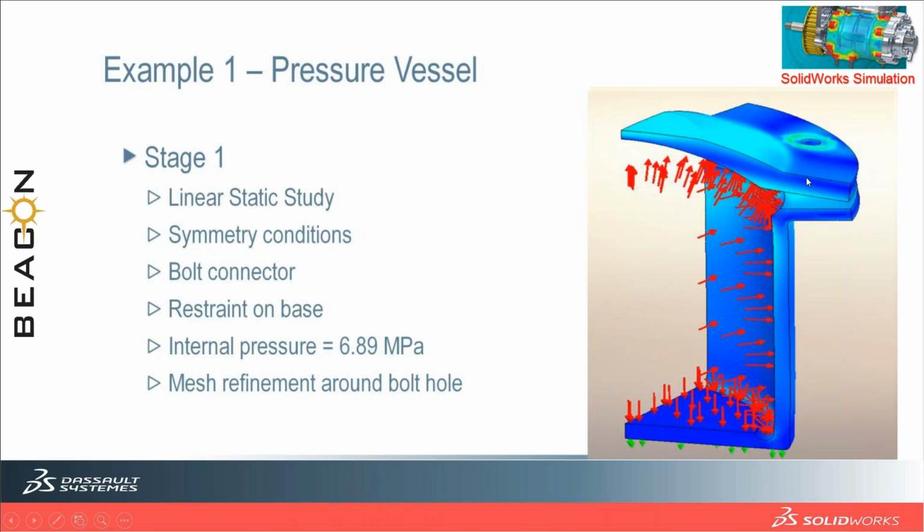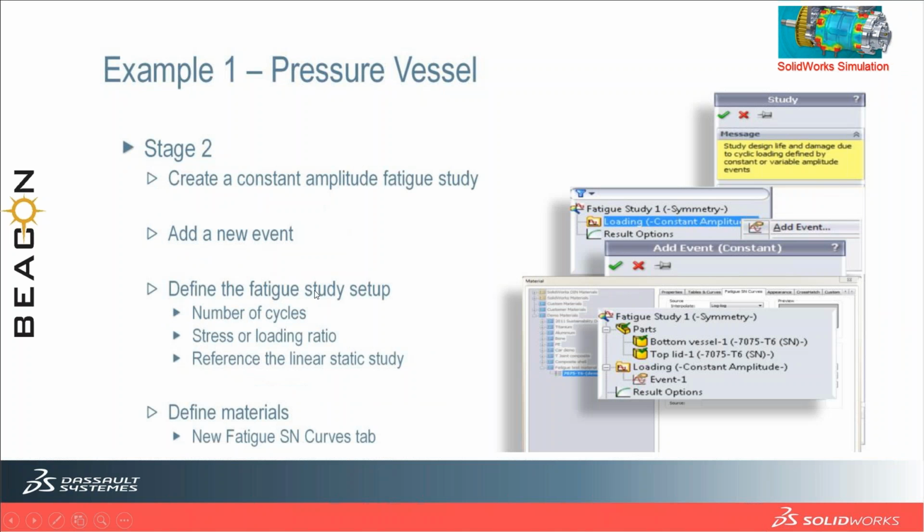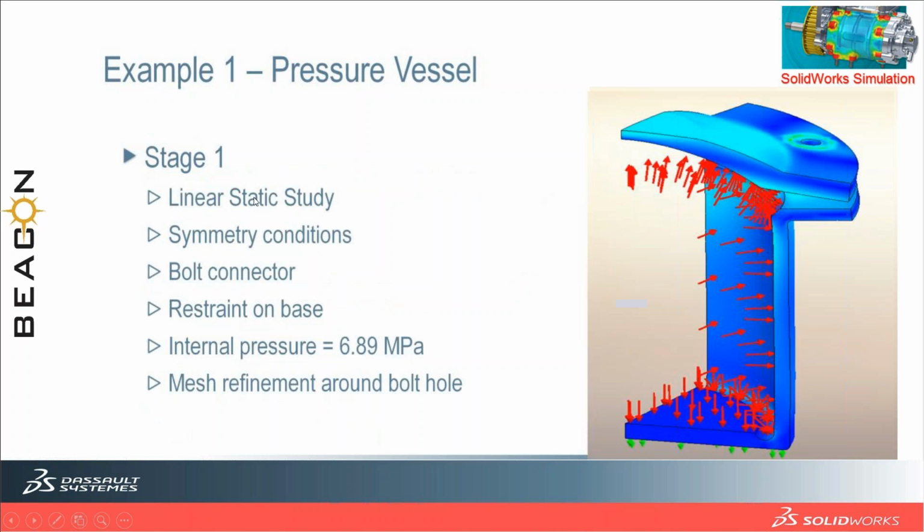As I explained, we have to define all the boundary conditions acting on that part, or it may be an assembly. So these are the bolts, this is the internal pressure, and this is where it is going to be restrained. If you check the results, you may find that the stresses are below the yield.